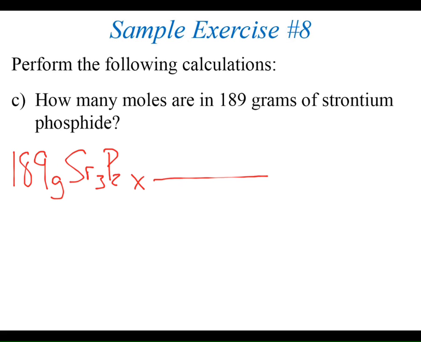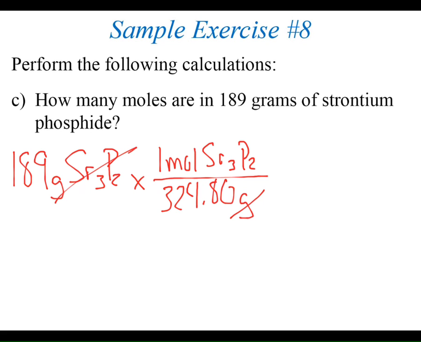Probably, I'm going to say 80 then, because it probably had 2 decimals. Anybody else get that? That's the mass of a mole of Sr3P2. So how many sig figs should I have? 3. So what is it? 0.582. Okay, sounds good.